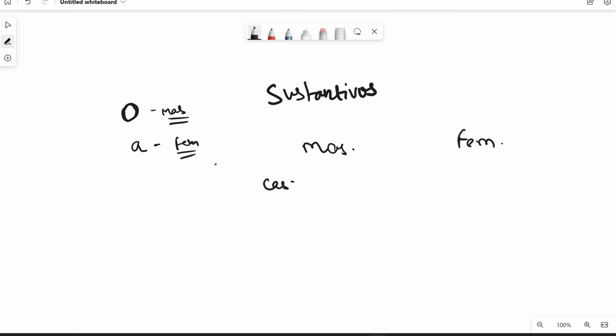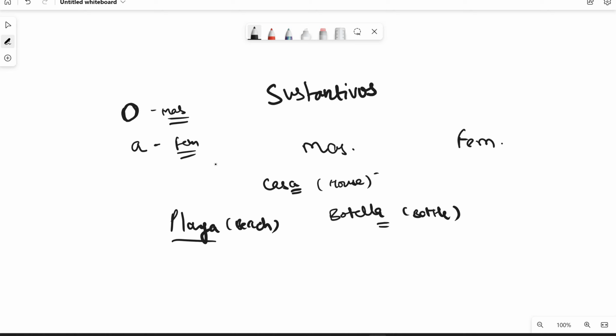For example, casa, ending in a, feminine, which means house. Botella, which means a bottle, ending in a, feminine. Playa, which is a beach, again ending in a, that means it's a feminine noun.